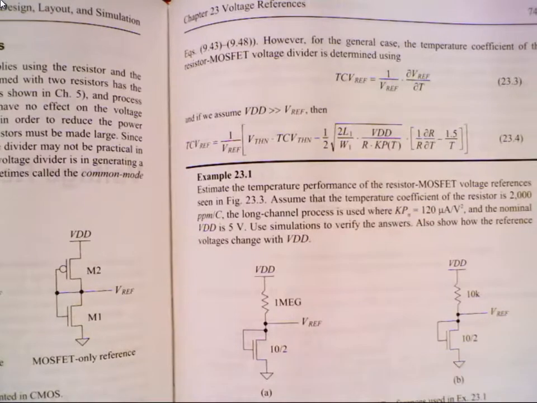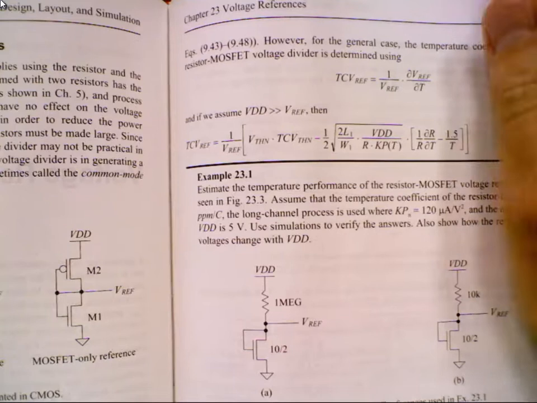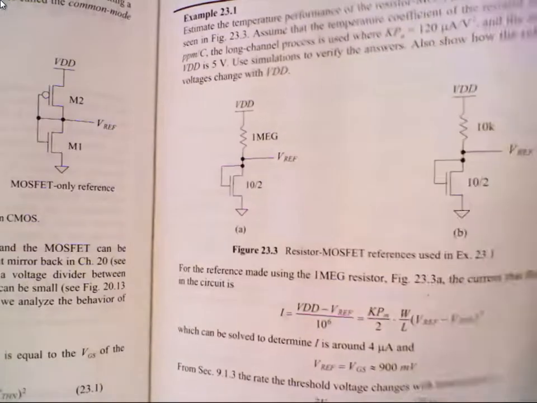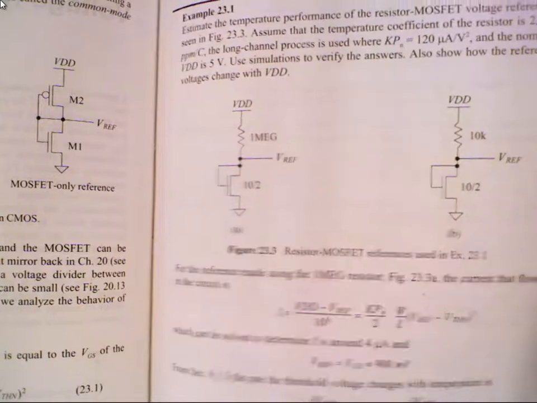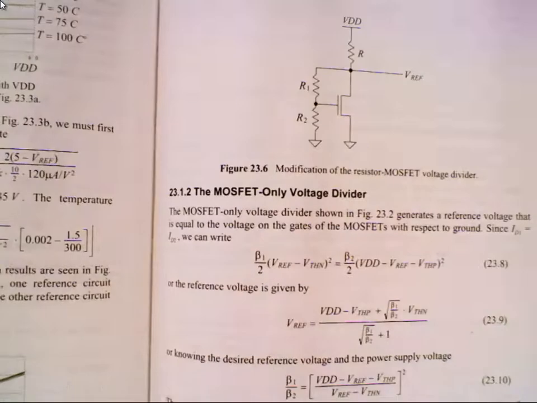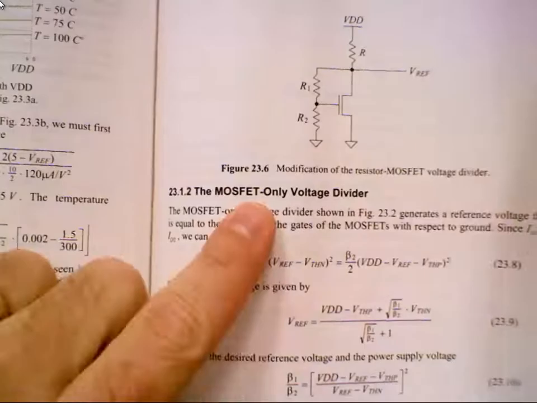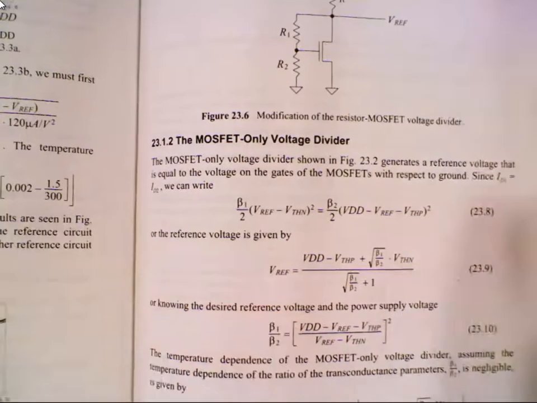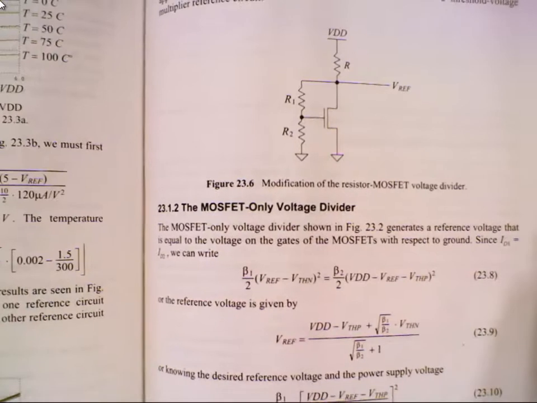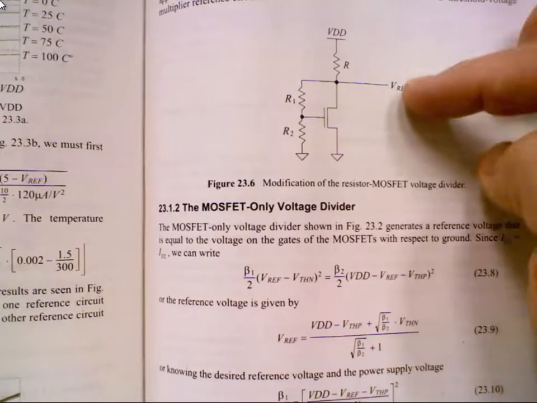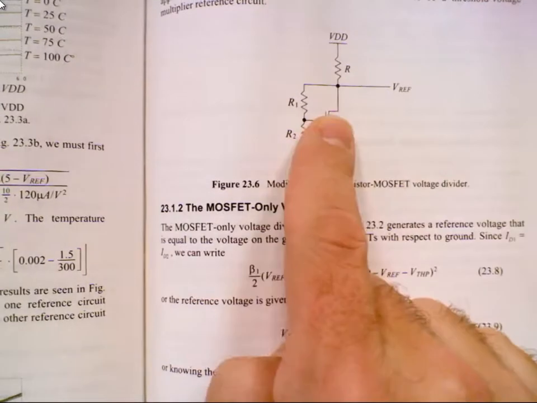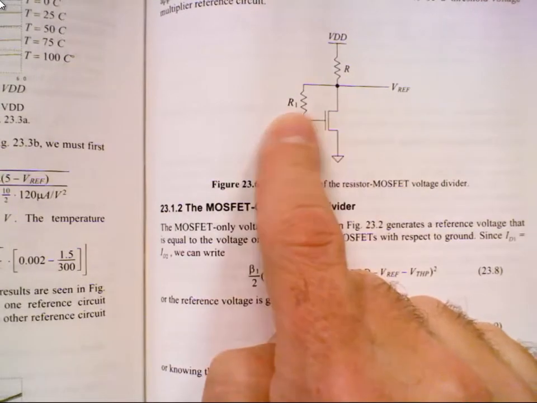All right. So, and then there's an example. I don't want to actually spend much time on this. You can read through the example on your own of the resistive MOSFET, and also the MOSFET only voltage divider. One of the circuits that's useful is this one right here, because if you make the device really wide, you can use it as a threshold voltage multiplier.